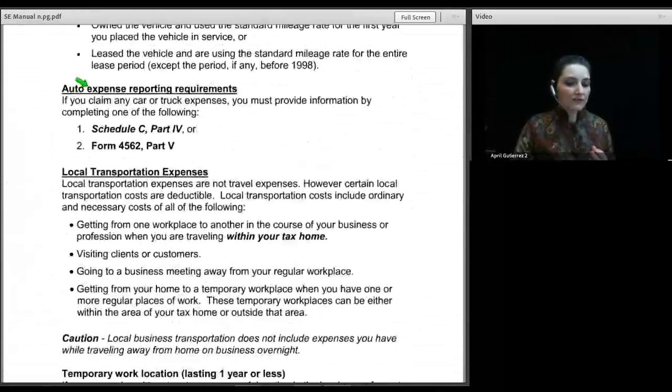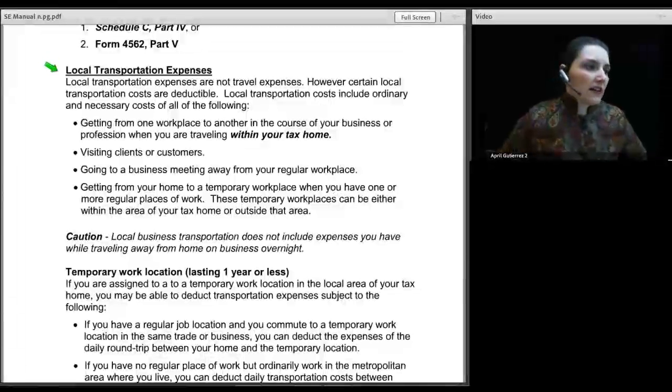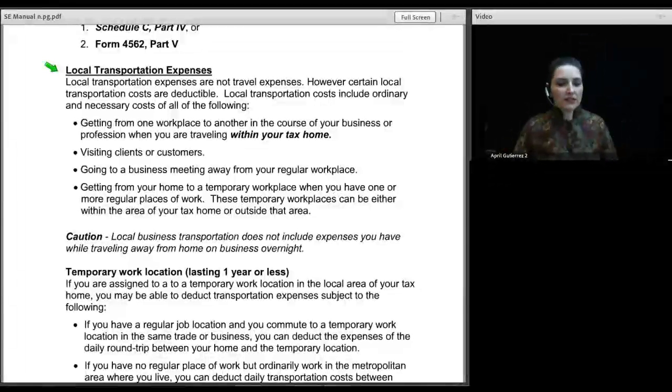Now we've talked about the mandatory reporting, let's talk a little bit about the types of expenses you can claim, starting with local transportation expenses. Earlier in our series, we had a class where we were talking about employee business expense deductions, and a lot of the content that I'm getting into here is similar to what we talked about in that session, because these are simply two different places where the same type of expense can be claimed.